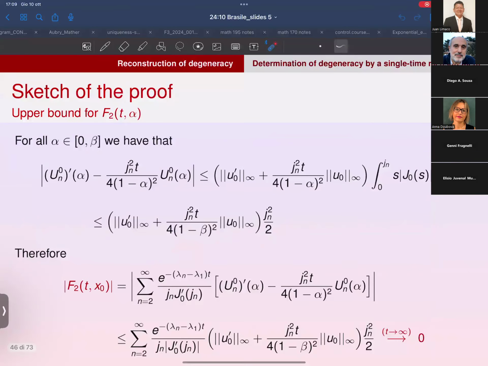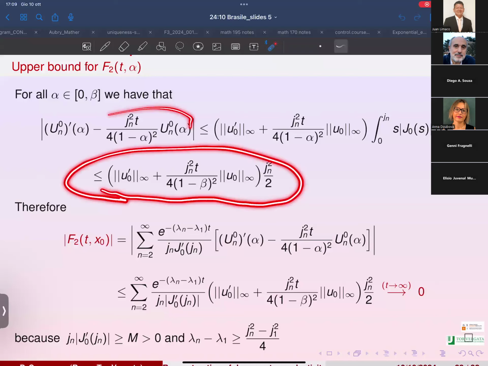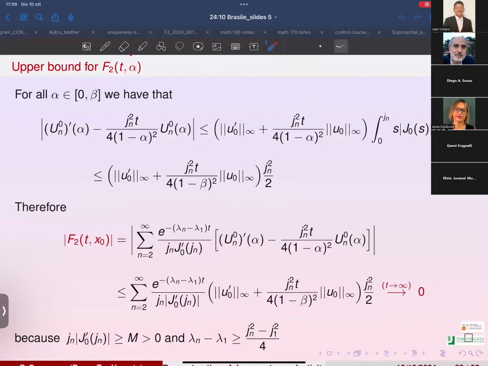On the other hand, the term F2 is this term here. This part of the factor can be estimated in this way. Therefore, the whole term F2 is estimated by a sum from 2 to plus infinity of these exponentials, where the exponent is negative because n starts from 2, so there is this lower bound on this difference.